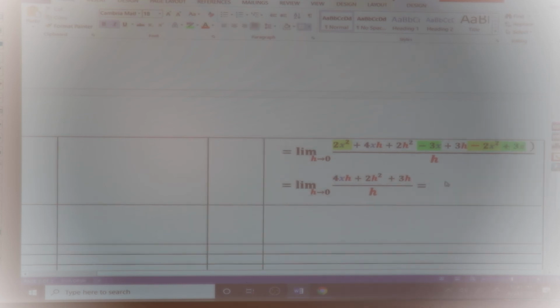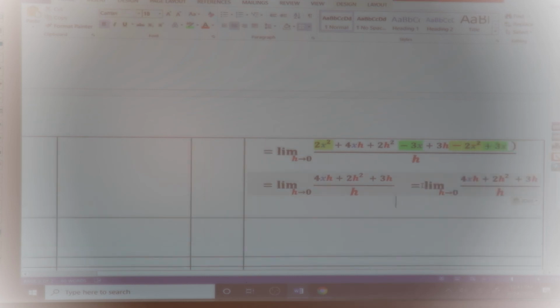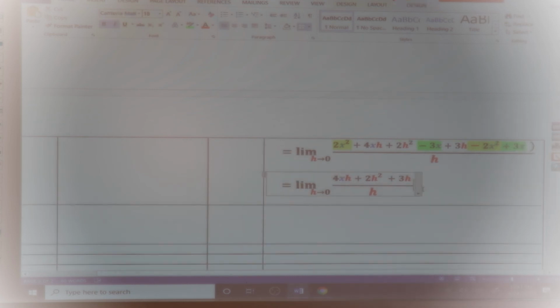What's happening? Okay, let me just try another way. No, okay, I'm going to do it by myself. This will be equal to the limit, which is this one. I'm going to take it step by step.